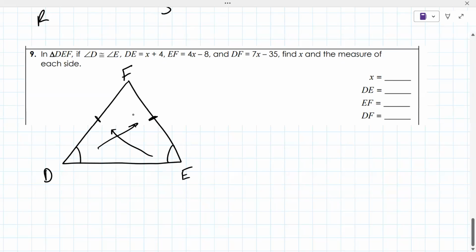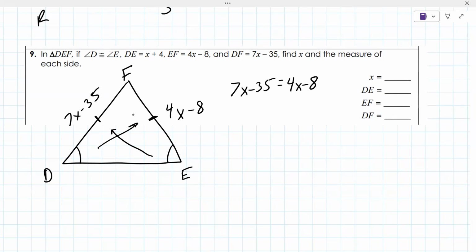So they're telling you that these two sides are congruent though. That's really important, to make sure you don't misidentify which ones are congruent. So E to F is 4x minus 8, and B to F is 7x minus 35. Those are the congruent ones. Those are the ones to set equal and solve for x.